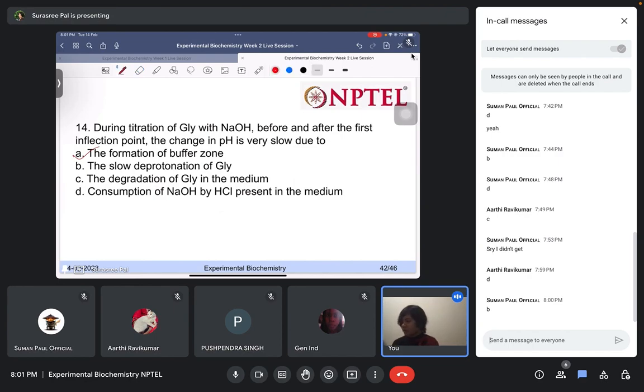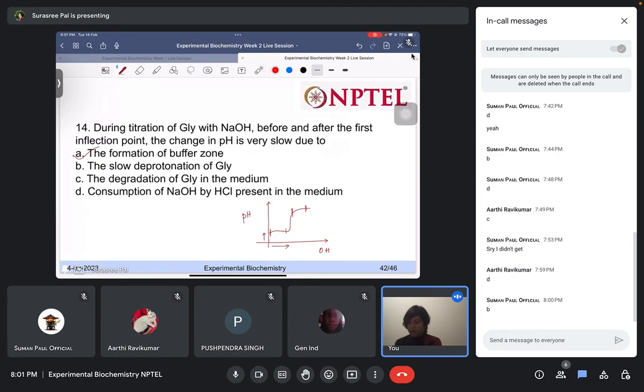Sorry, I'm just mistaken a little bit here. So here actually the buffer zone, I'm just confusing it. So this is actually the buffer zone, this part, where you are keeping on adding alkali but the change in pH is very less.